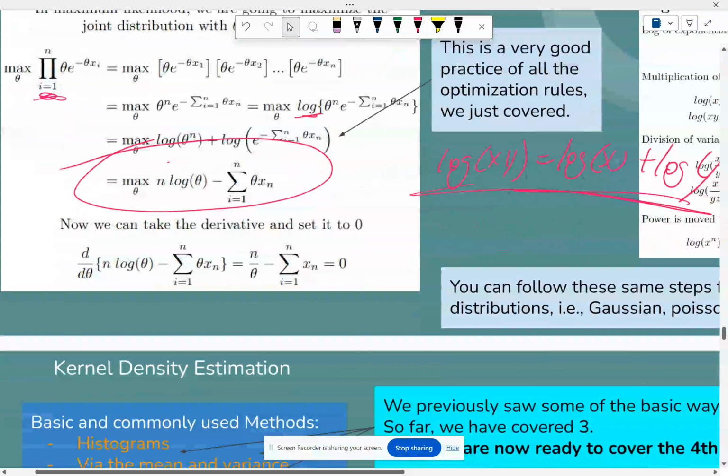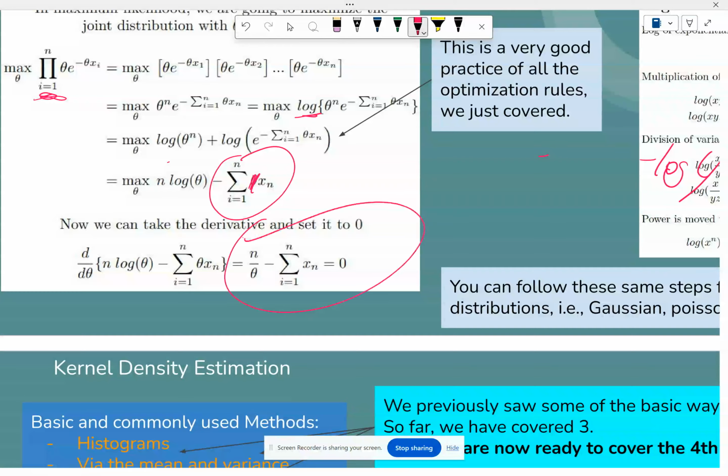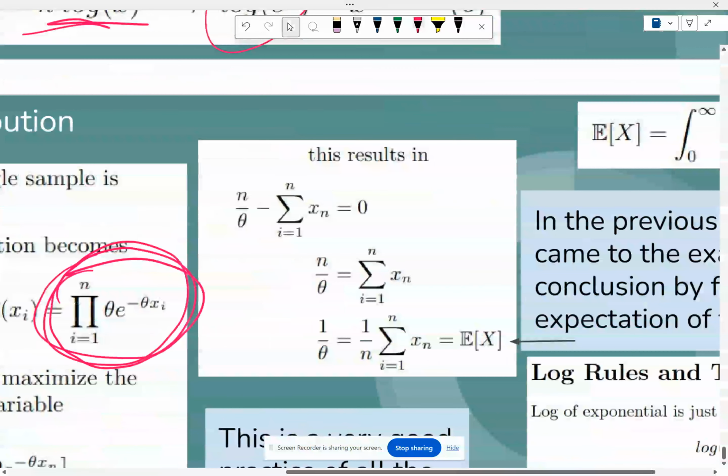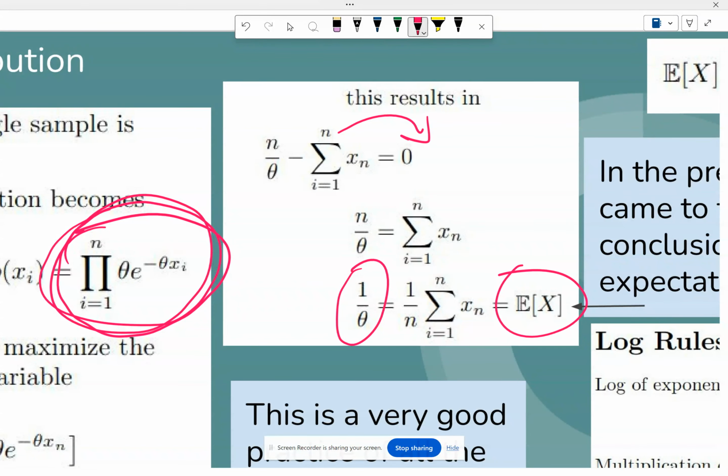Now, next, we take the derivative with respect to theta. The derivative with respect to theta is easy here, just this. You just cancel that out, and you end up having this. And it turns out that this is so easy, we can set it to 0. When we set this to 0, we end up getting this expression where we can move this to the other side, and it shows that 1 over theta is equal to the expectation of x, which implies that theta is 1 over the average value.